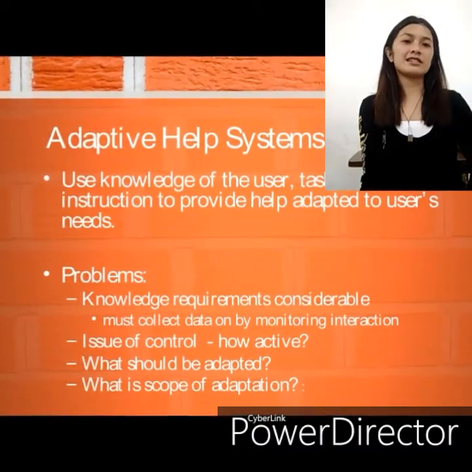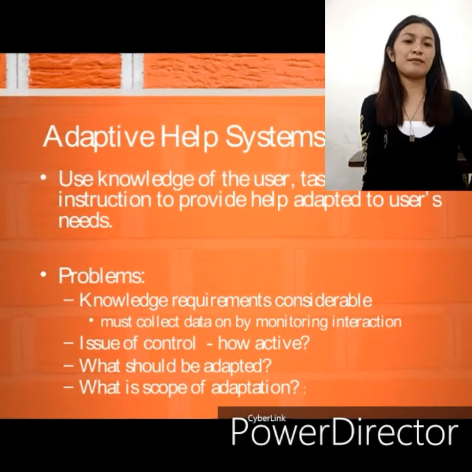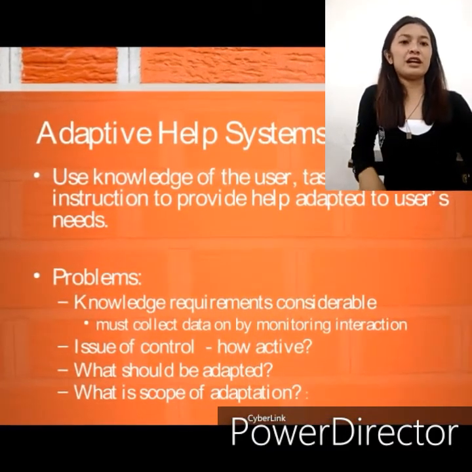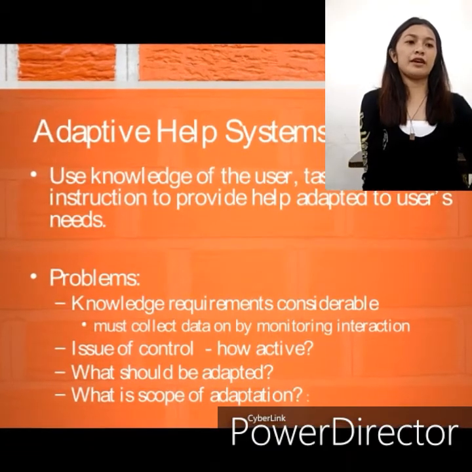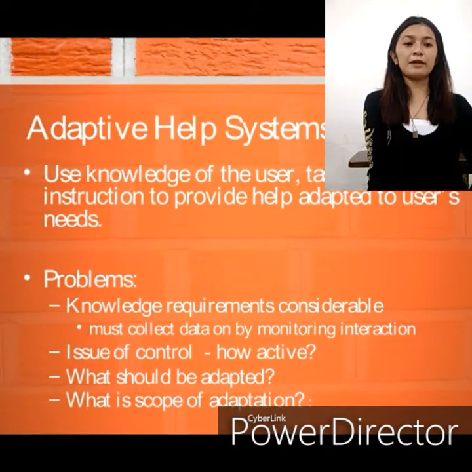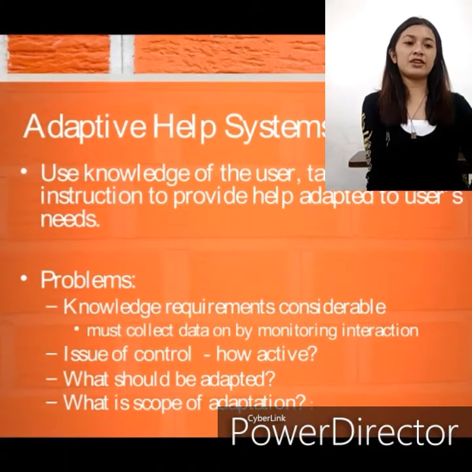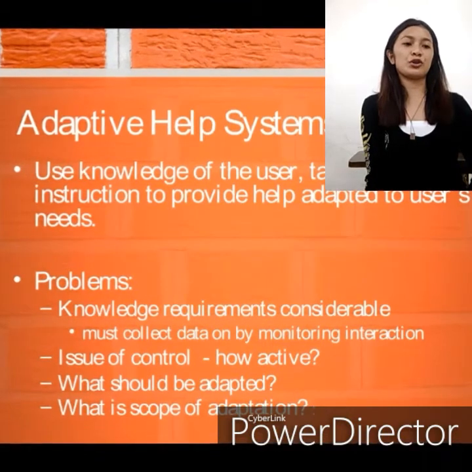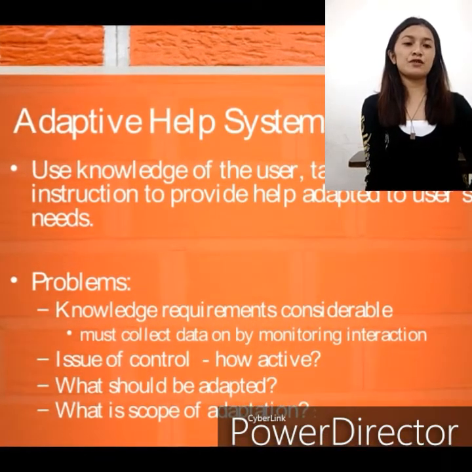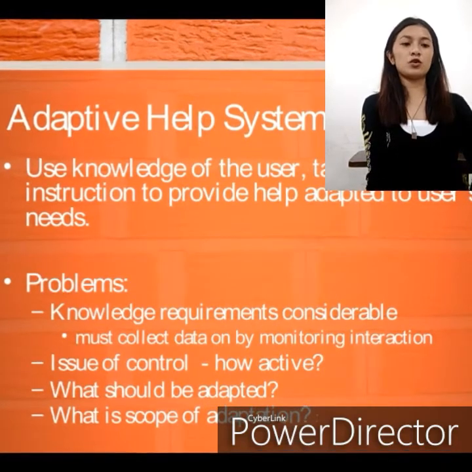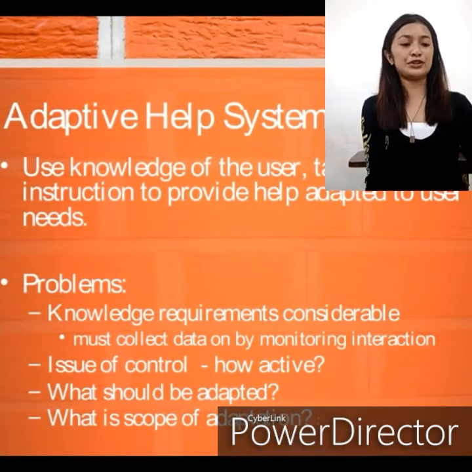The next is adaptive help system. It means using knowledge of the user, task domain, and interaction to provide help adapted to user needs. The problem is that knowledge requirements are considerable, and data must be collected by monitoring interaction. Use of control: how active, what should be adapted, what is the scope of adaptation.